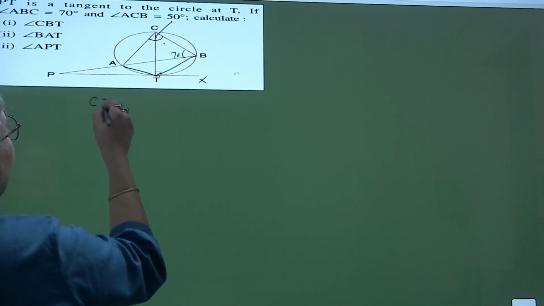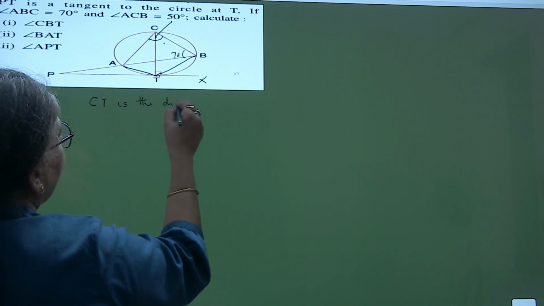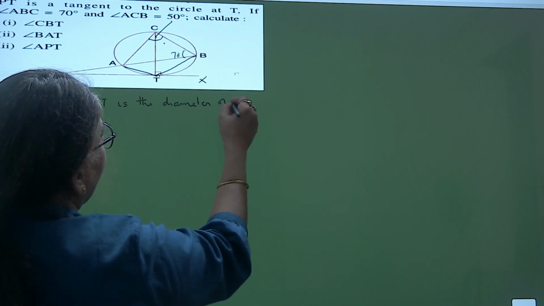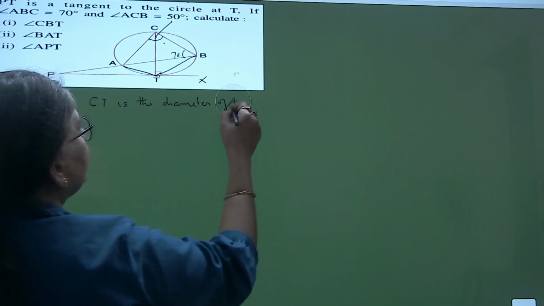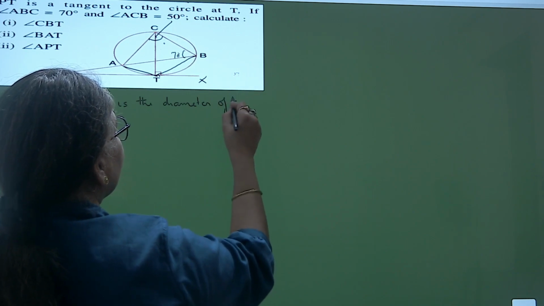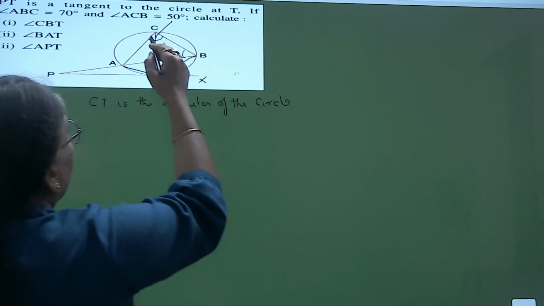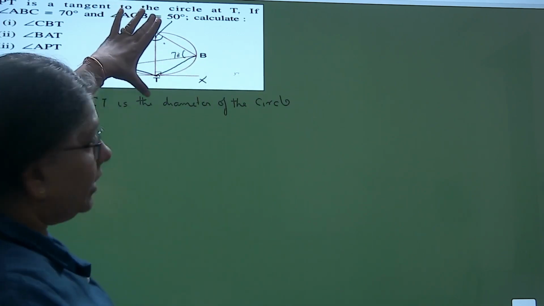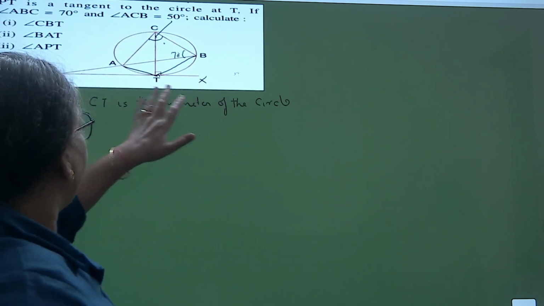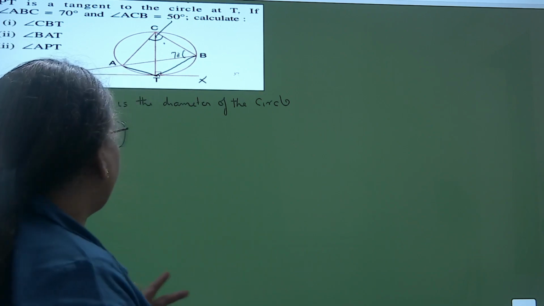See, why it is said it is the diameter, because this CT is falling perpendicular to the tangent PX, and we know that the radius is always perpendicular to the tangent.